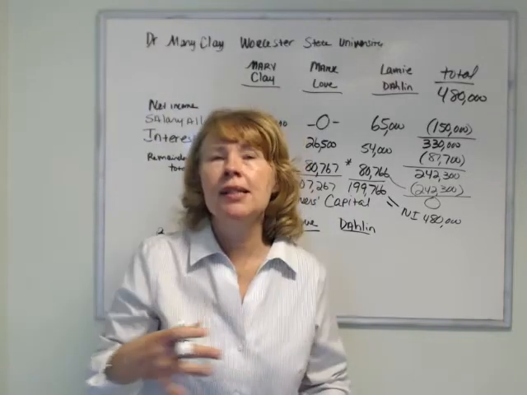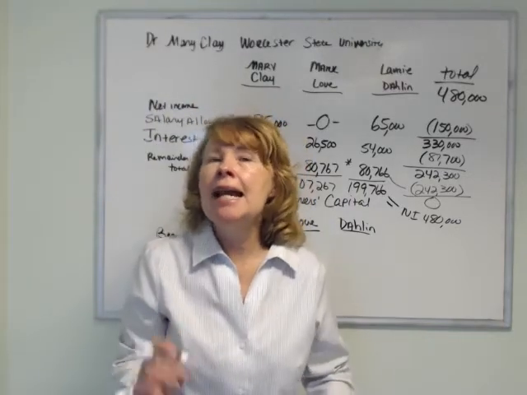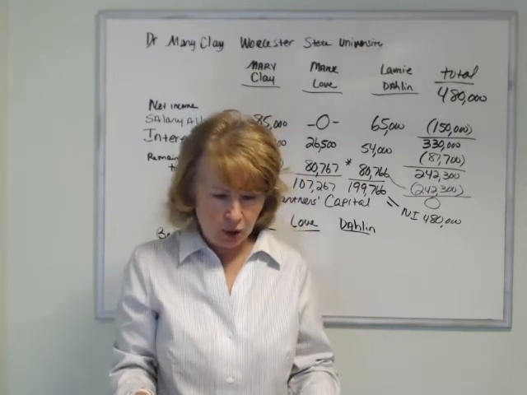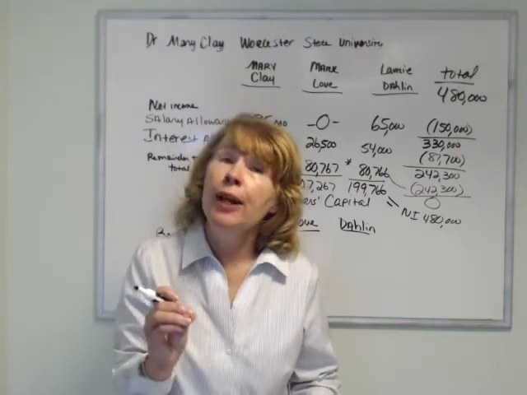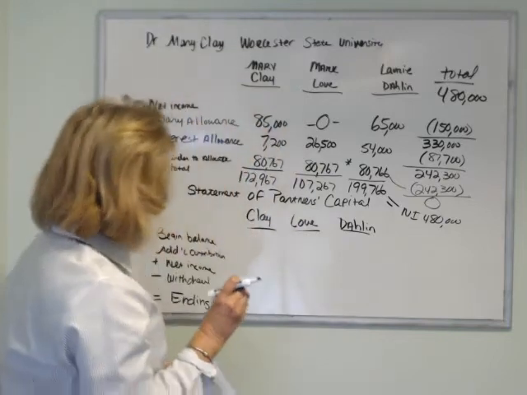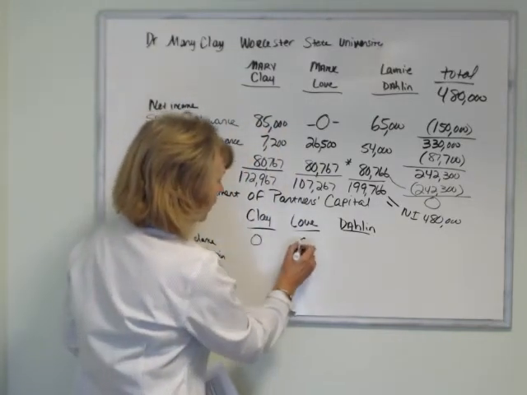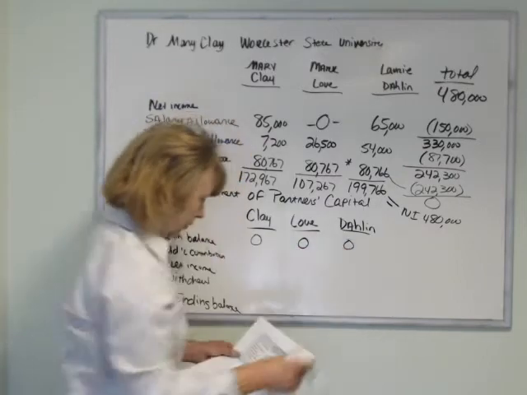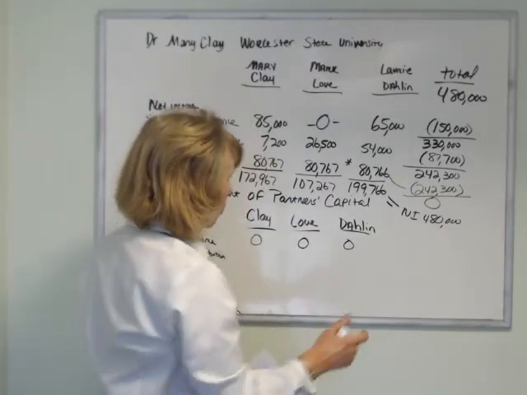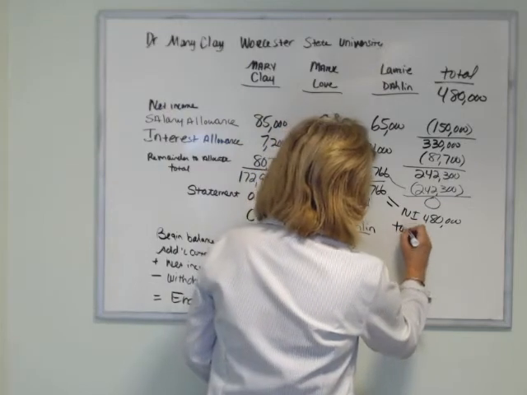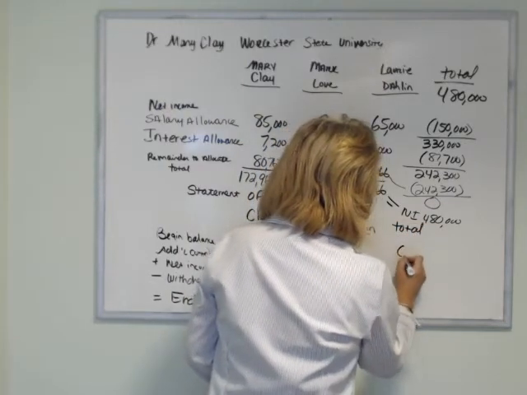I always say to students, think of the statement of retained earnings. It's similar to the statement of retained earnings. Okay, this is a brand new business. So their beginning balance is 0 for each of them because they just started out. And then we have our total over here, and that will be 0.